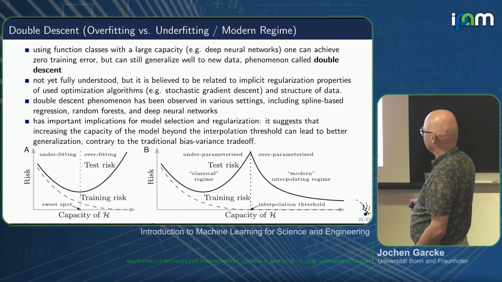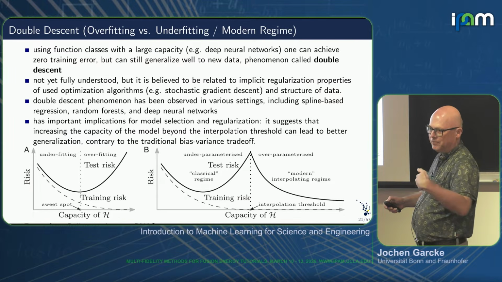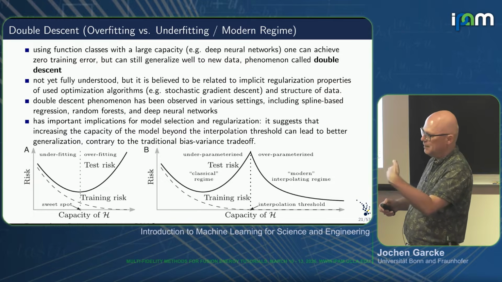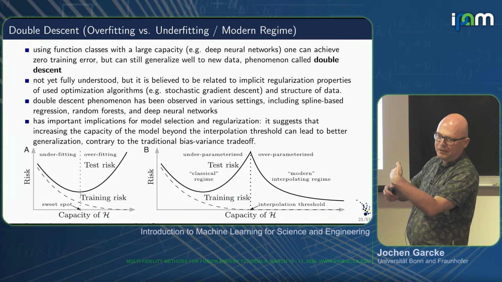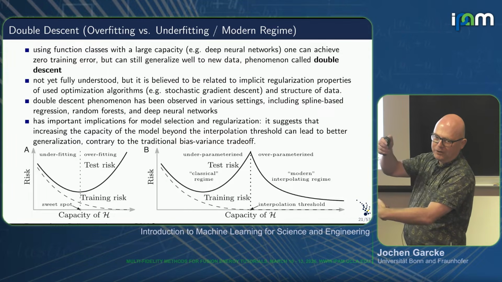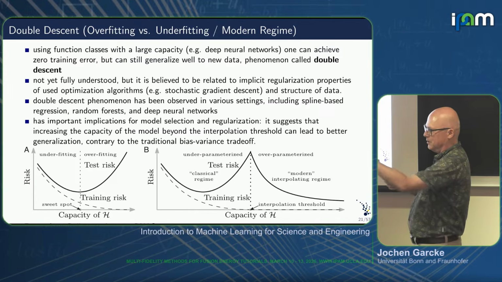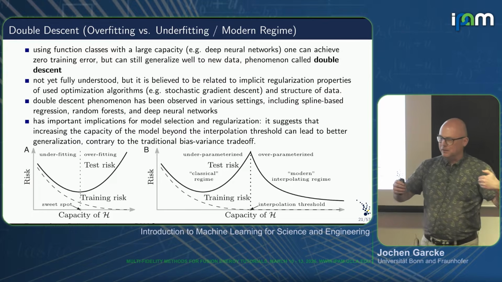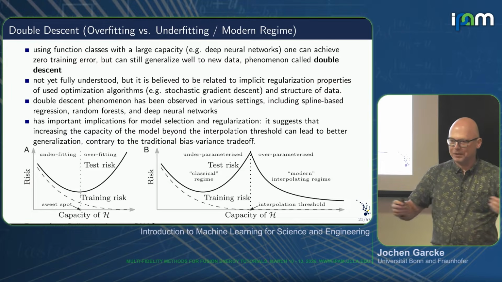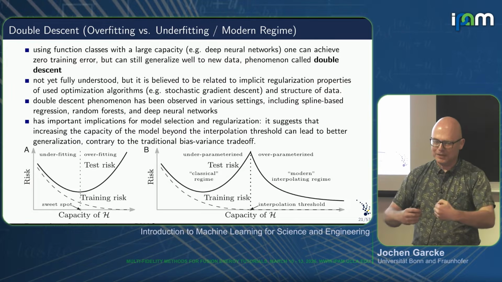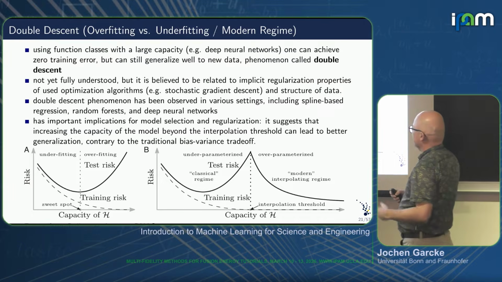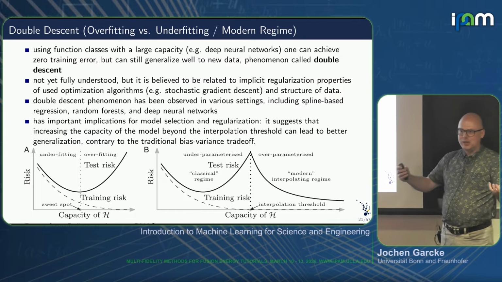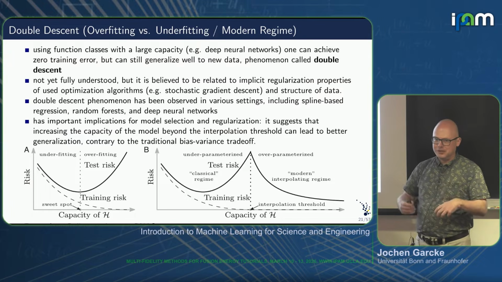Here is the interpolation threshold. At some point, you have interpolated all your data. If you've interpolated your training data, then you really make a large error on your test data. But if you over-parameterize, so have even more model size, more parameters than training data, you have to do something to pick from this large number of possible interpolation solutions.